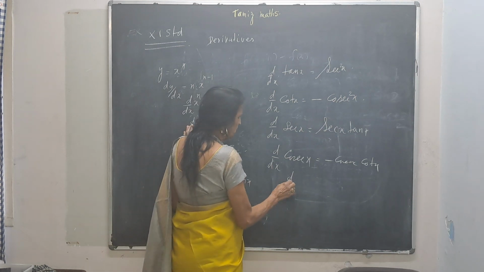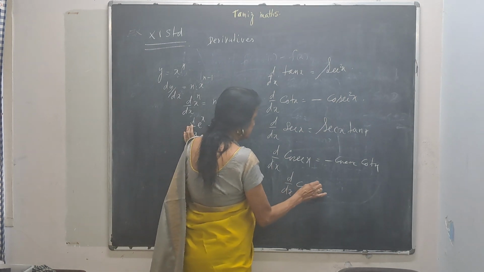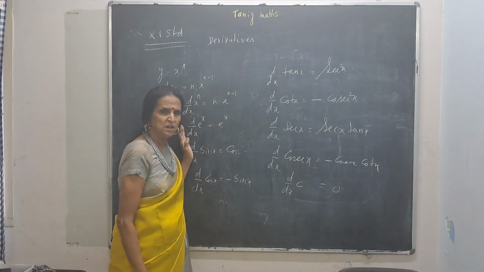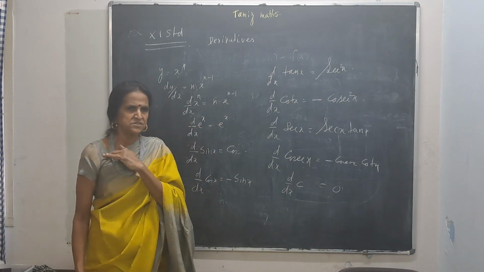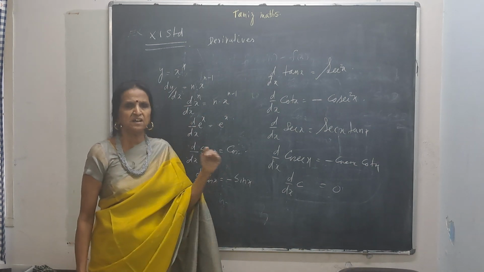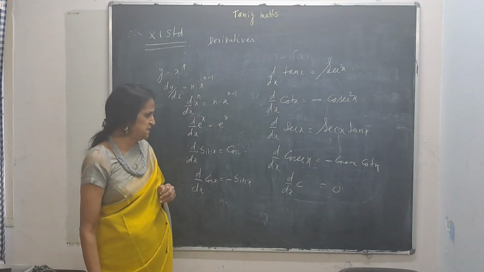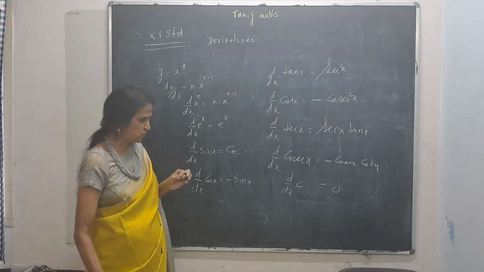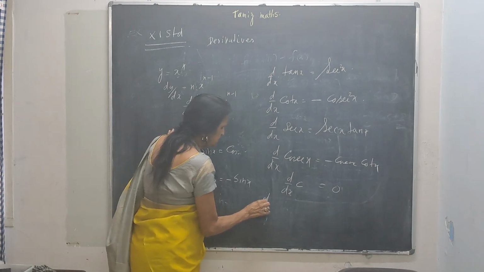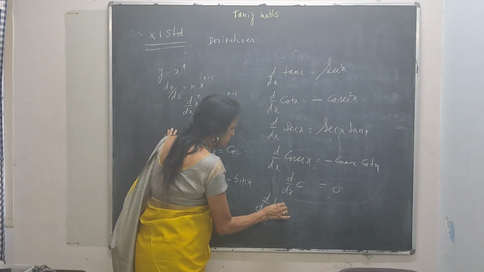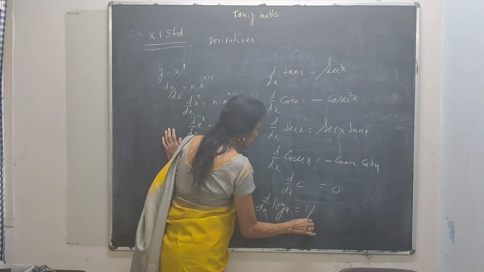Then we go for d by dx of a constant. That will be 0. Why? There is no increment at all. It will be a straight line. So d by dx of a constant will be 0. Next we go for d by dx of log x will be 1 by x.